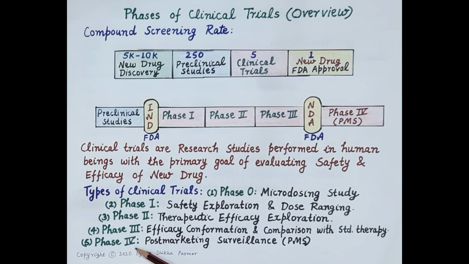Then phase 4 trials. Phase 4 trials are done when the new drug is approved, released in the market, and consumed by thousands of the patient population. The main aim of the study is to continue monitoring safety and efficacy of the new drug even after its approval when it is released in the market. And this study is called post-marketing surveillance.